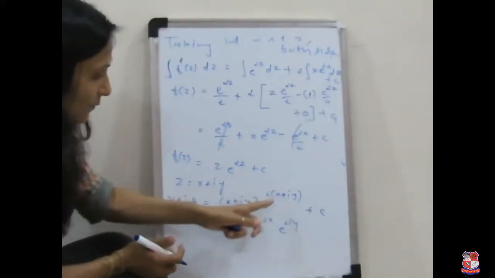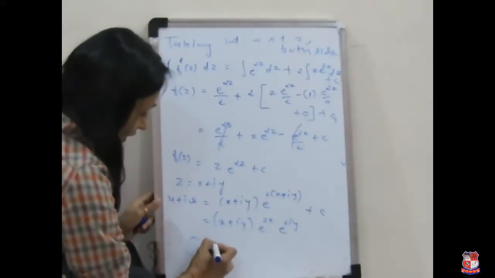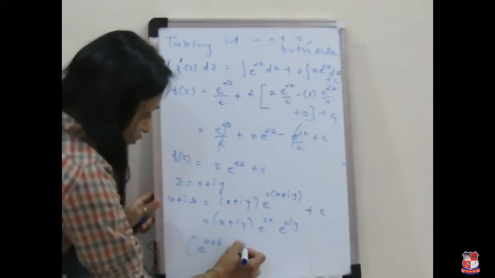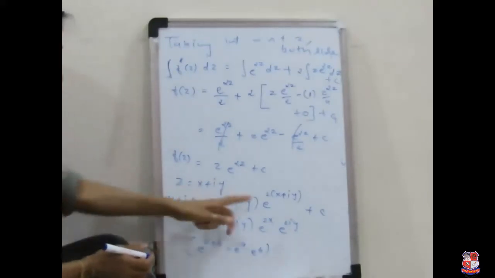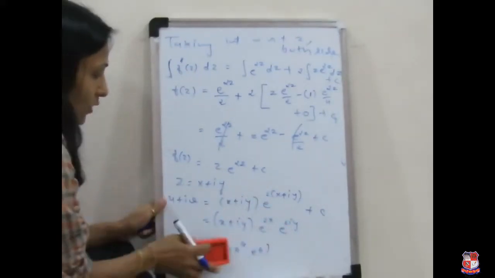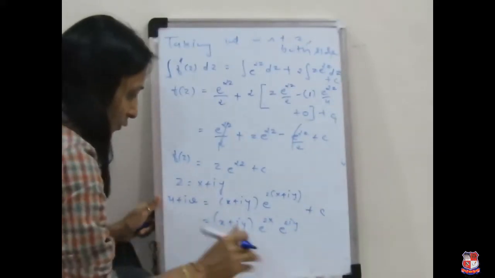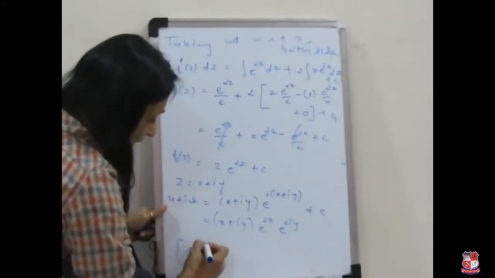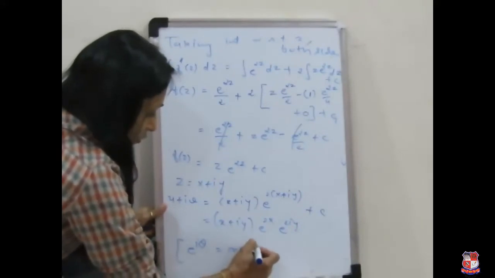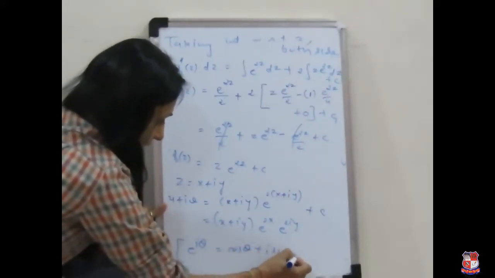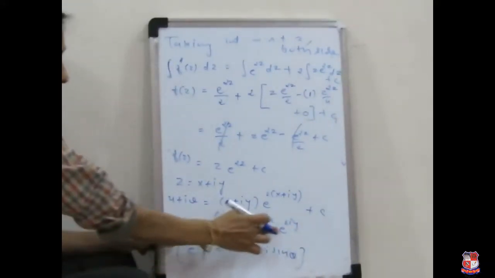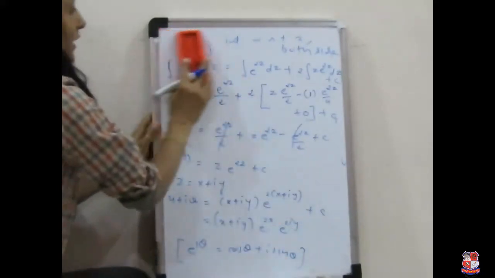Okay, e raised to a plus b, we use this formula, that is e raised to a into e raised to b. Now we know Euler's formula. What is Euler's formula? e raised to i theta is equal to cos theta plus i sin theta. We use this formula for e raised to 2iy.